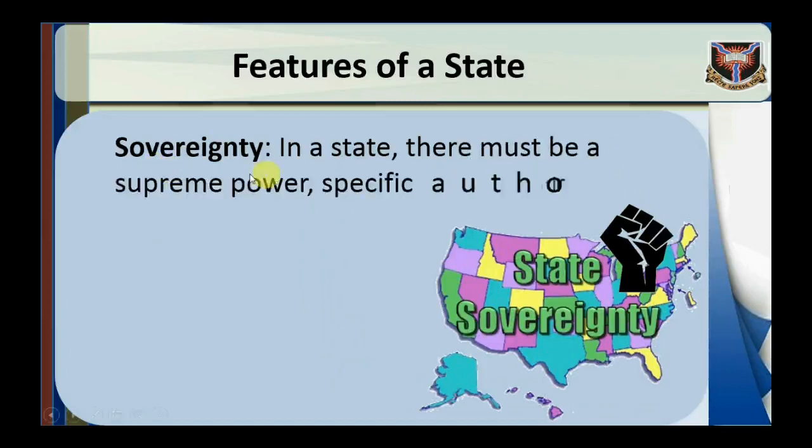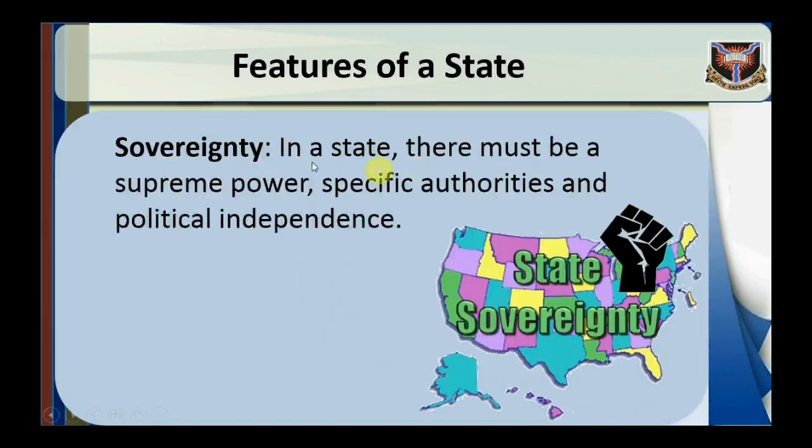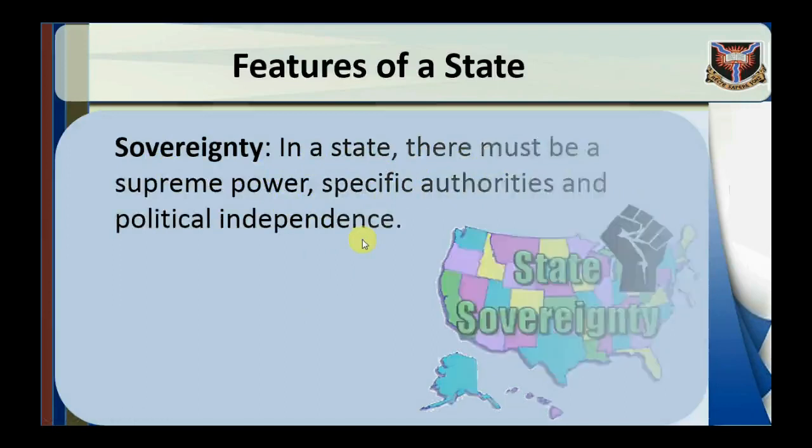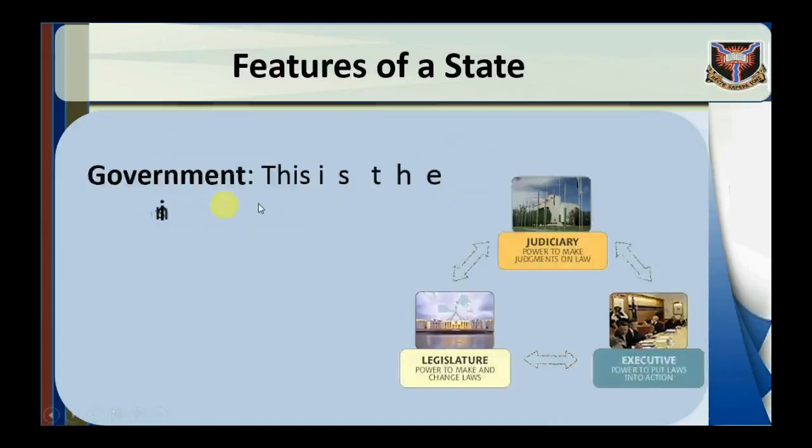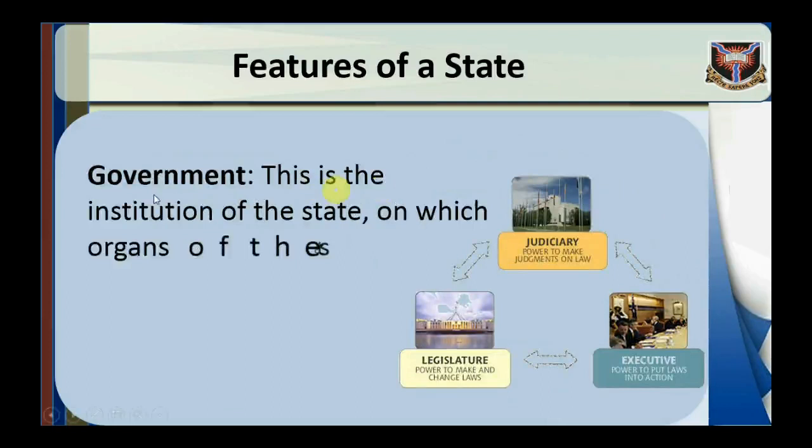3. Sovereignty. In a state, there must be a supreme power, authority, or political independence. 4. Government. This is the institution of the state on which organs of the state are built.